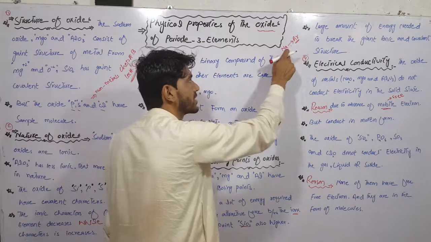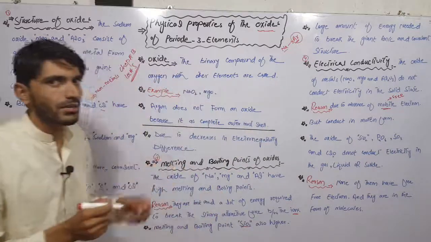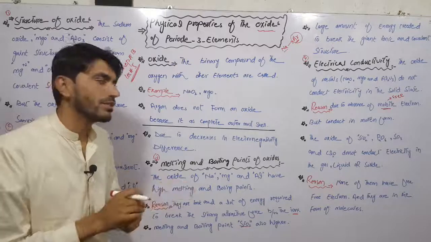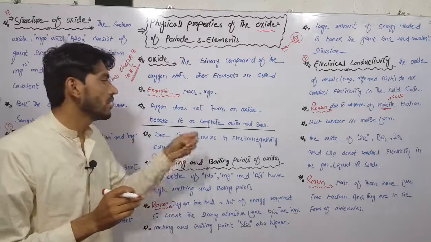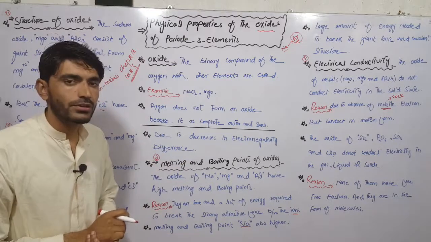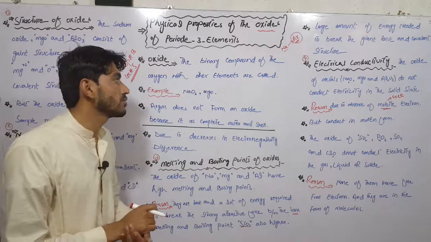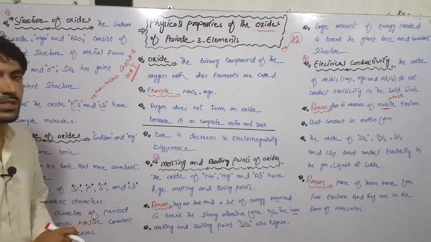It consists of 8 elements, but only argon cannot react with oxygen, because it has a complete outermost shell and no free electrons to take part in a reaction. So this was oxide. Now let's see its physical properties.